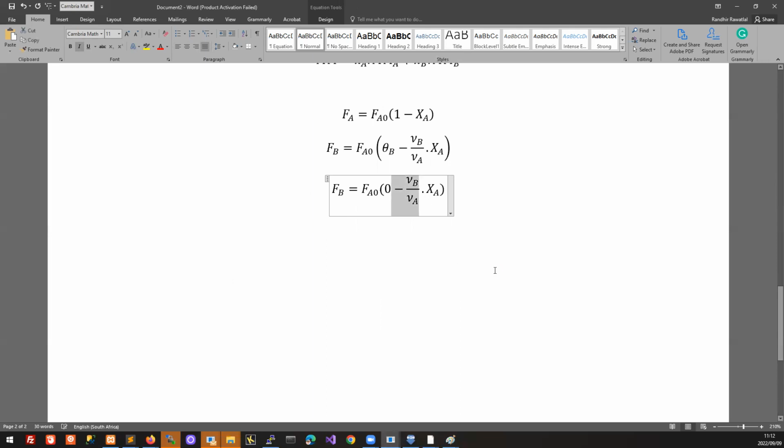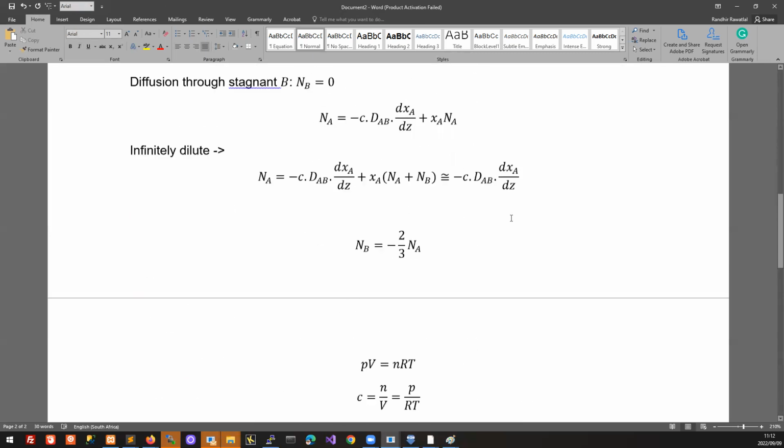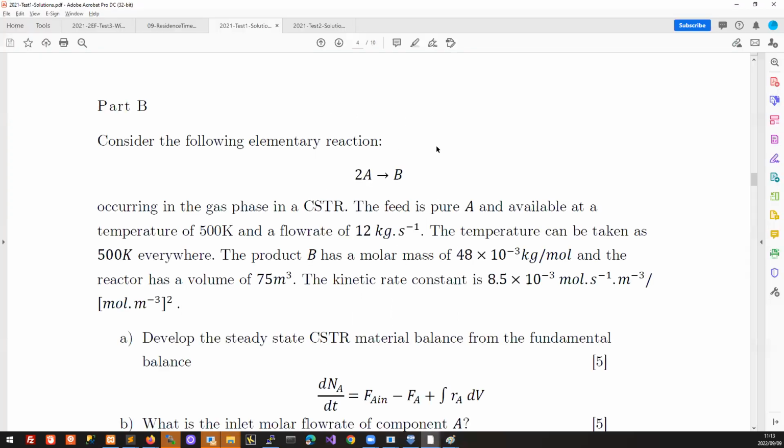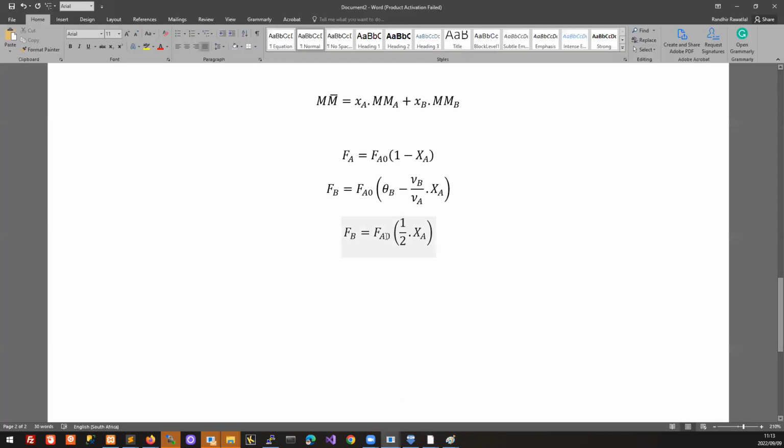In other words, this is 1/2 XA. So it looks like this. And in fact, we could just have looked at the equation and said here that we get half as much B as the amount of A that gets consumed. So the amount of A that's consumed is FA0 X, and then half that.